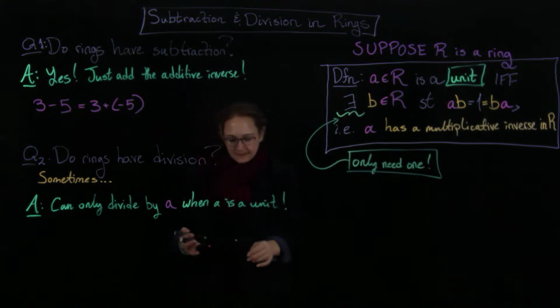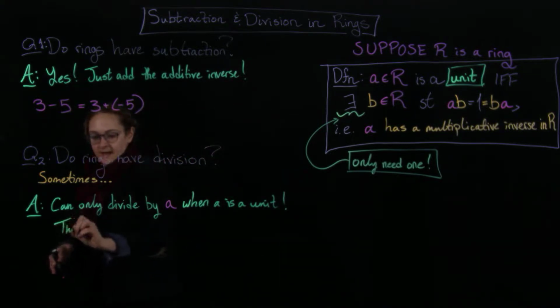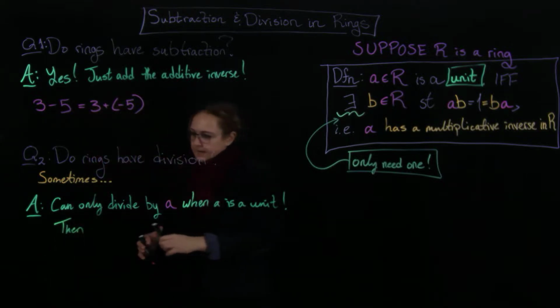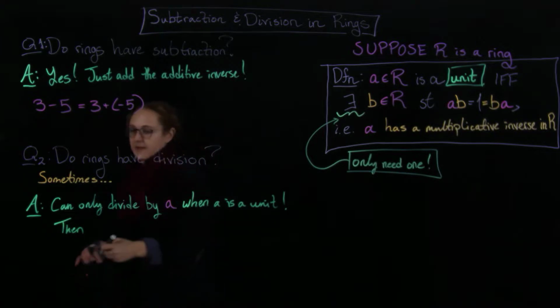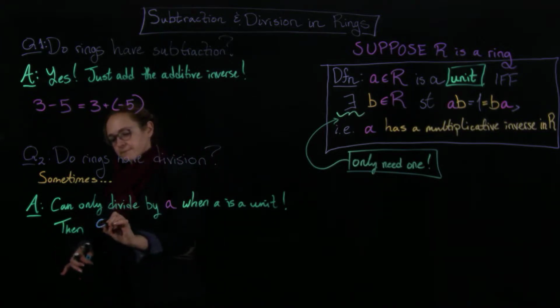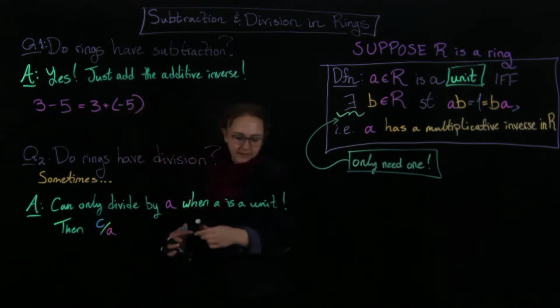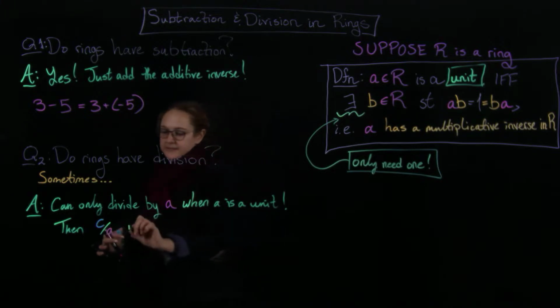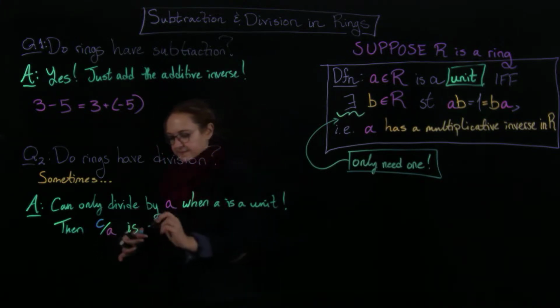So if I have another element c and I want to divide by a, how do I actually write that? That is c times a inverse.